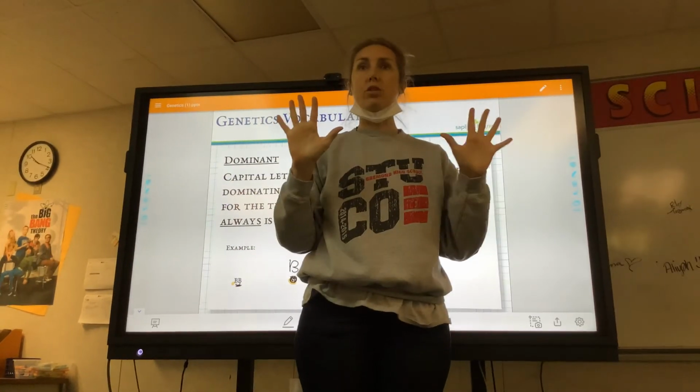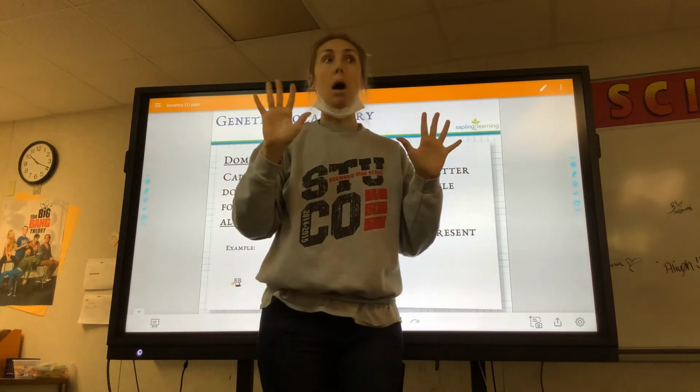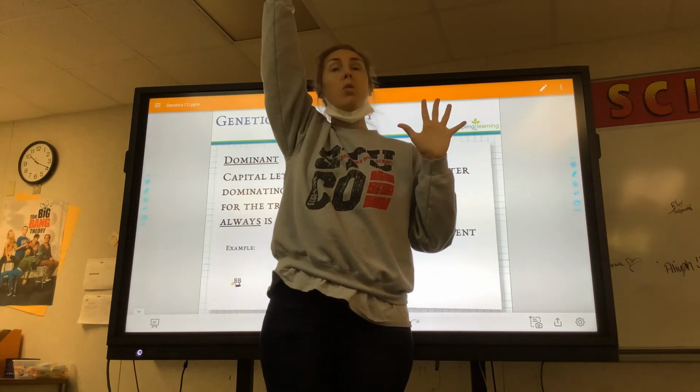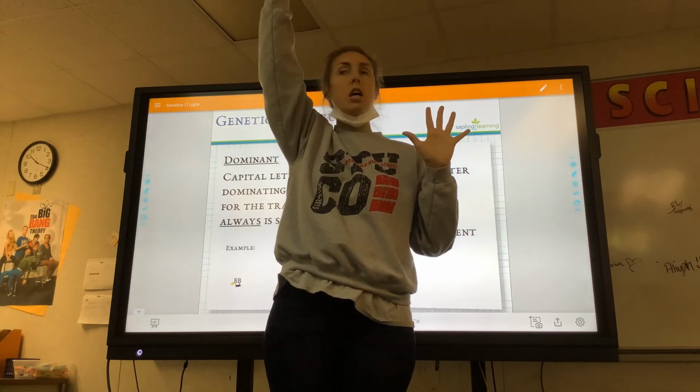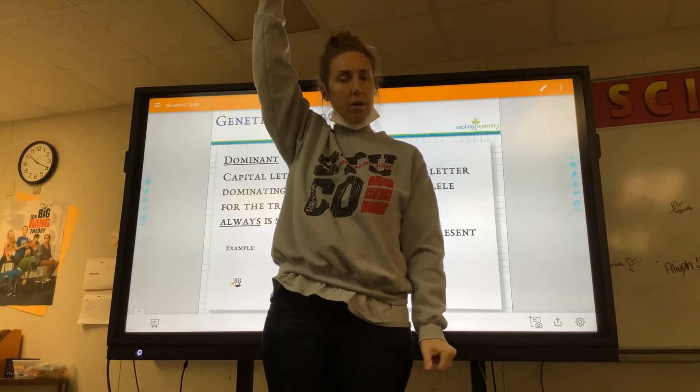Picture my hands as the 2 genes or the 2 alleles, okay? Dominant means I reach up high, which is the uppercase. Recessive, which is the lowercase, means I reach down here, okay?